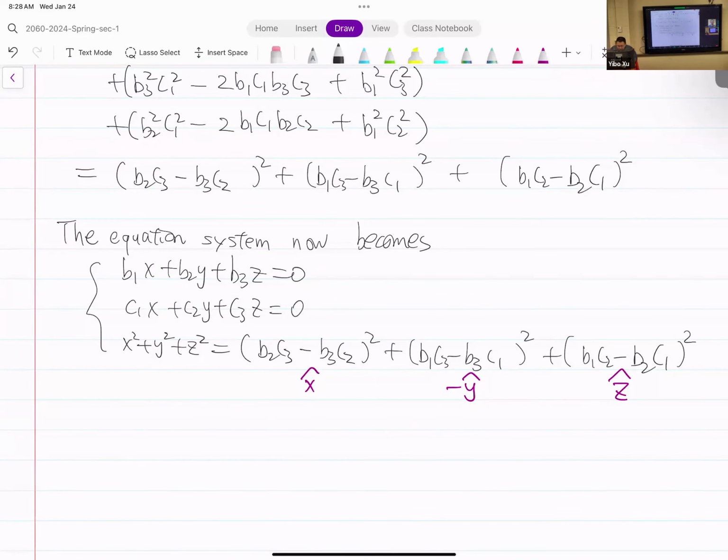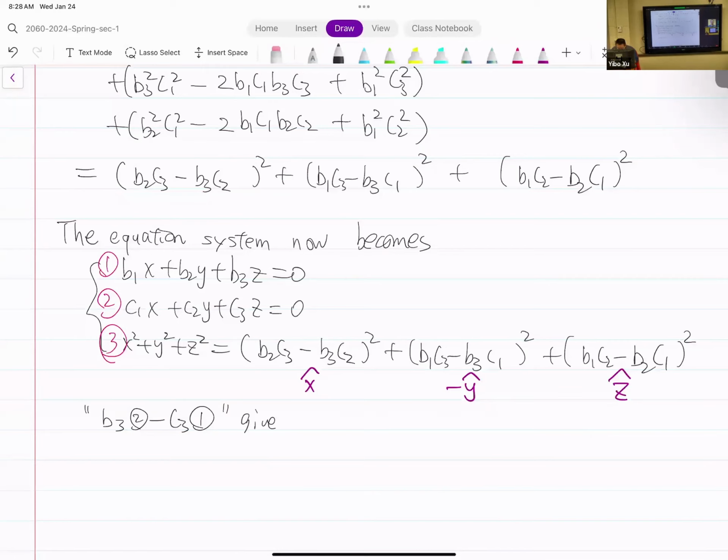Okay, so now we have three equations, 1, 2, and 3. So let's somehow eliminate the z variable from 1 and 2, so that you will see things a little bit clearer. If you do B3 times equation 2 minus C3 times equation 1, that will eliminate z, right?